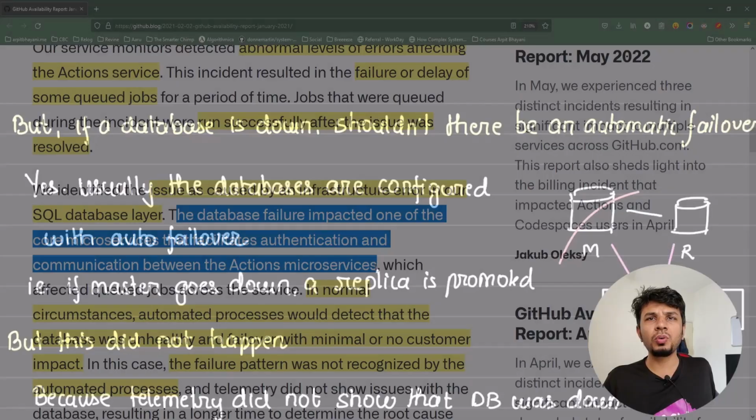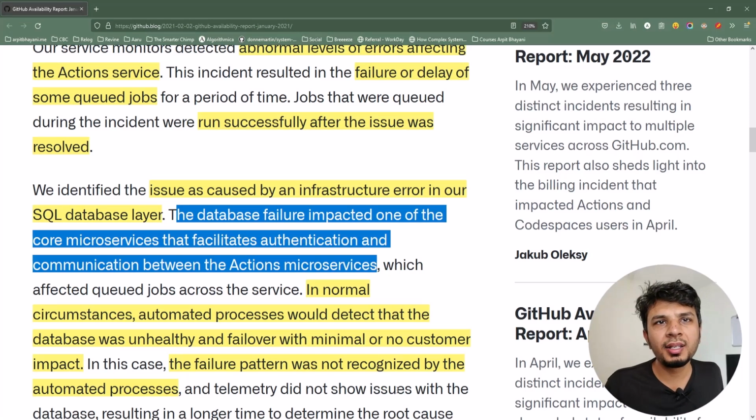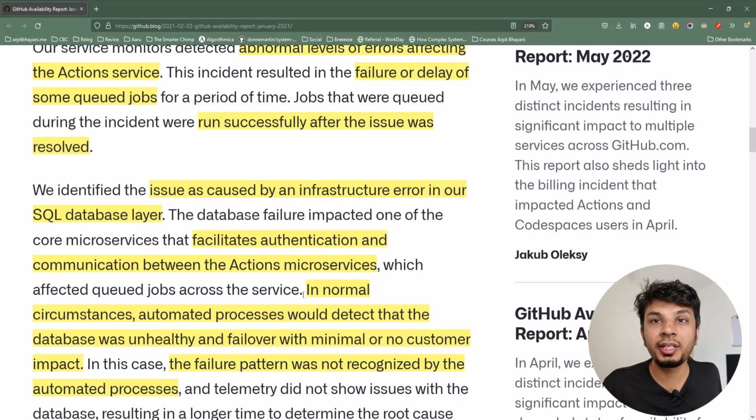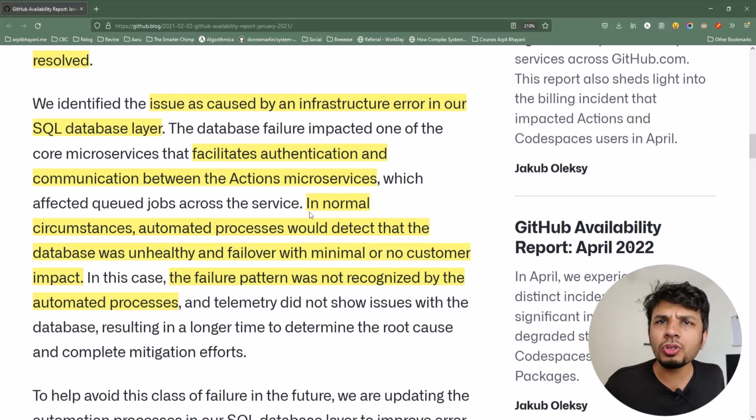Okay, so what next? We know that the outage happened on the database layer, but we also know that, let's say, if a database master is down, a replica is auto-promoted. A replica is promoted to be the master. So then this really should not have been an outage, because in most cases automatic failovers are configured, right? So that's exactly what GitHub said.